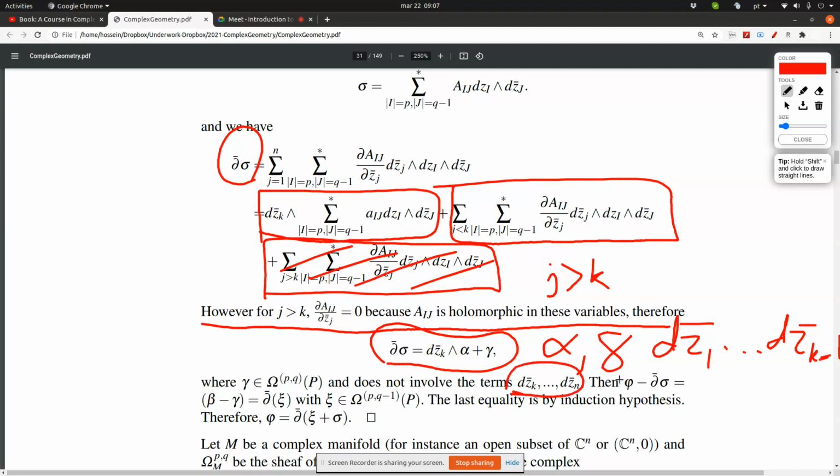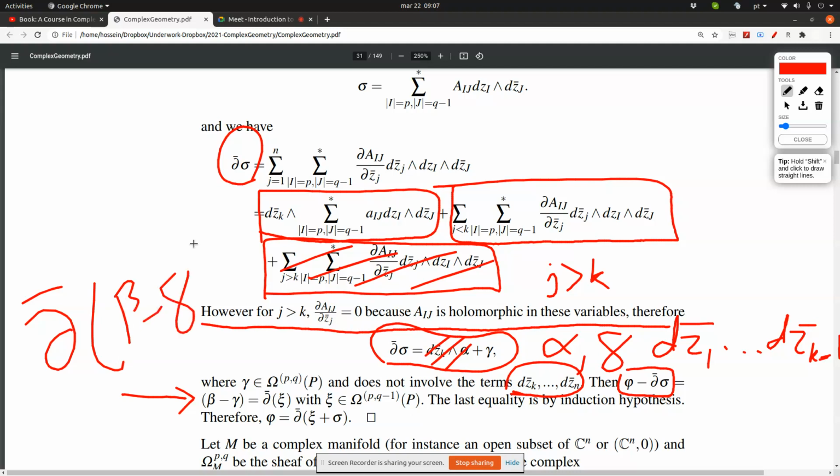When we make phi minus dbar of sigma, this term will be cancelled. Then it will be just beta minus gamma, and dbar of this beta minus gamma is equal to 0. So we use the hypothesis of our induction: beta minus gamma will be dbar of some zeta, and at the end we get what we wanted.